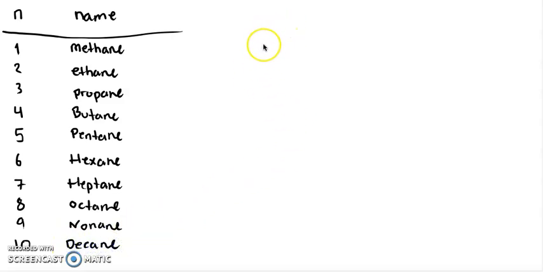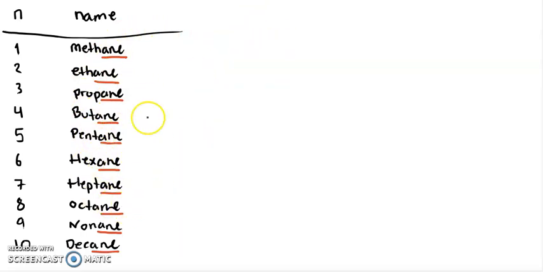And what do we see for all of these? What is common for all of them? They end with ane. You see that? Methane, ethane, propane, butane, pentane, hexane, heptane, octane, nonane, and decane. So that's kind of the surname for all of these compounds.